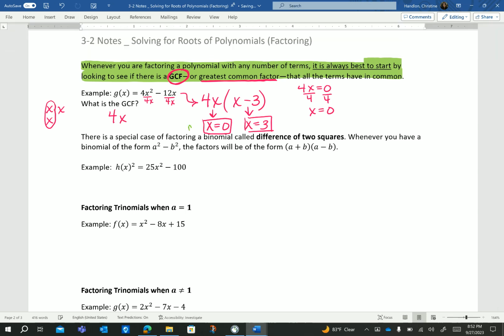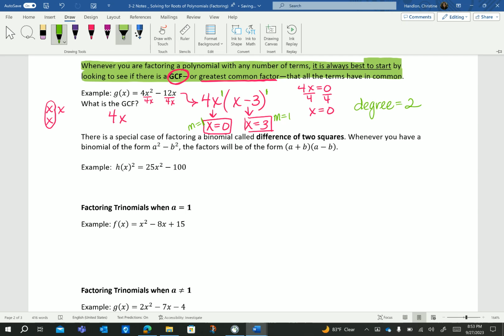This one would have a multiplicity of 1 because it has an invisible 1 right here. And this also would have a multiplicity of 1 because it has an invisible 1 right there. If I wanted to figure out the degree of this problem, I would just add the multiplicities, 1 plus 1, or 2.